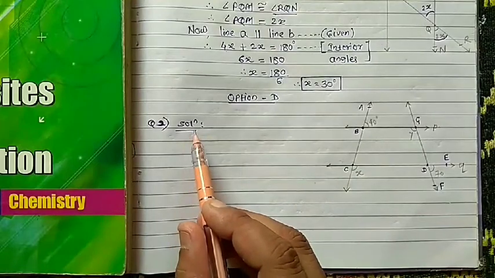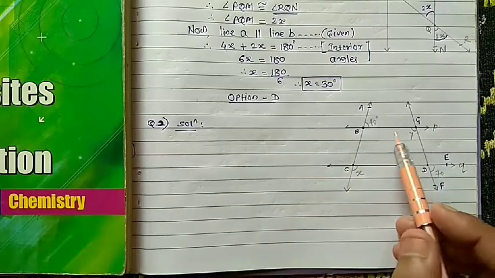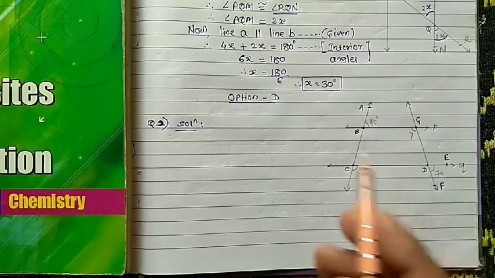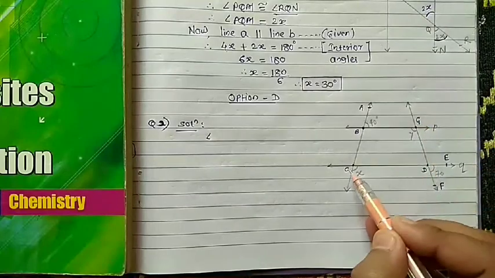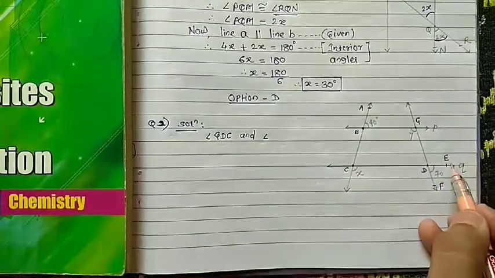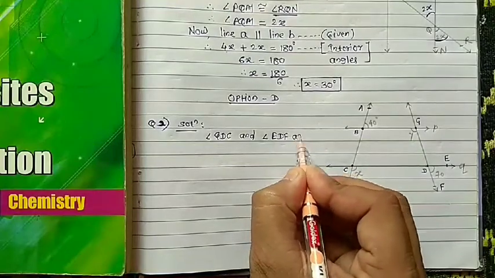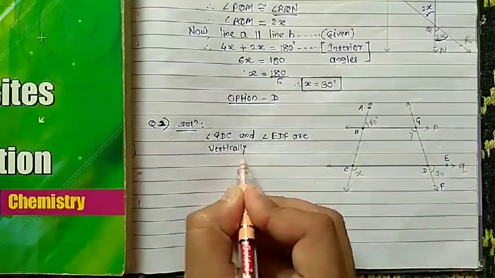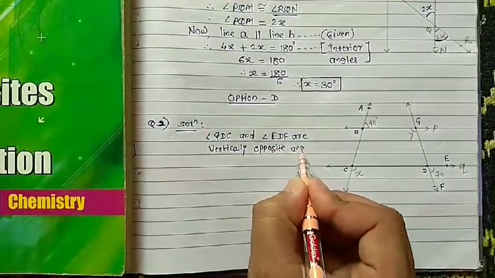Now in the solution, to make this question easy, names are given to the different lines and their points of intersection. So here angle GDC and angle EDF are vertically opposite angles.